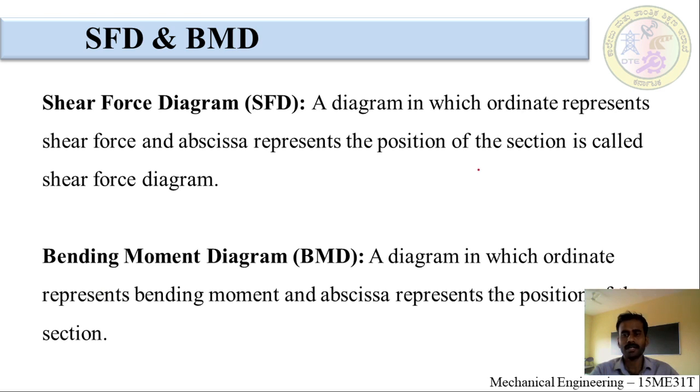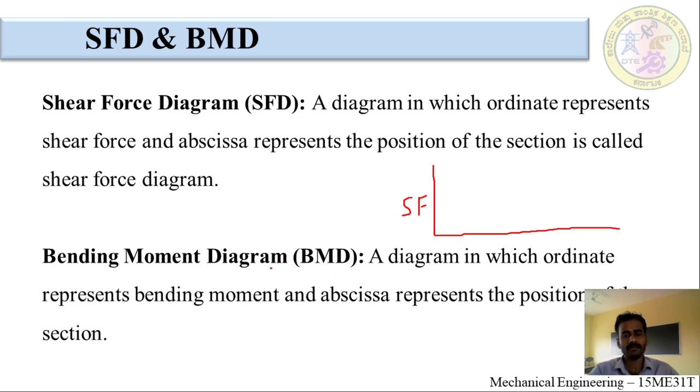It is a graphical representation in which ordinate represents the shear force, meaning the y-axis represents shear force, and the abscissa, that is the x-axis, represents the position of the section. This diagram is called the shear force diagram.